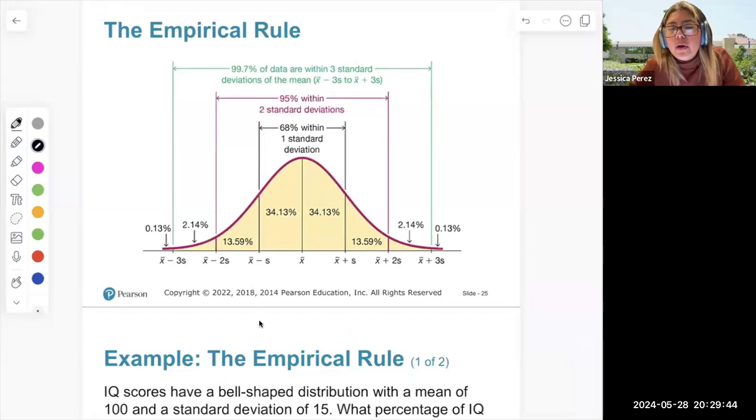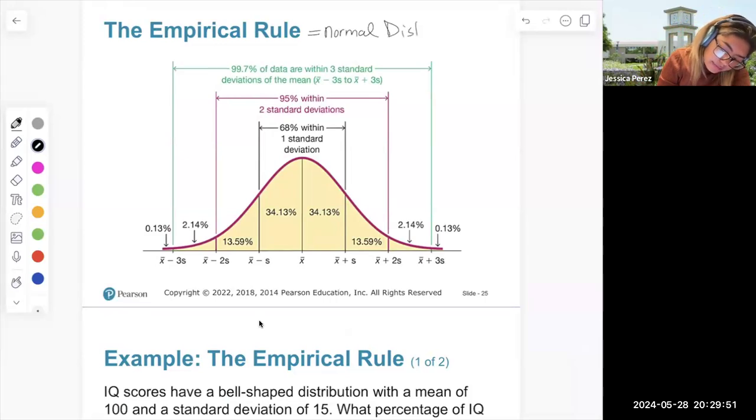So look at this. This is what I want to talk about. Remember, the empirical rule goes by a normal distribution. This is a normal distribution, guys. See how this has a peak? The center is the sample mean. So when we are one standard deviation away, we're talking about this piece.